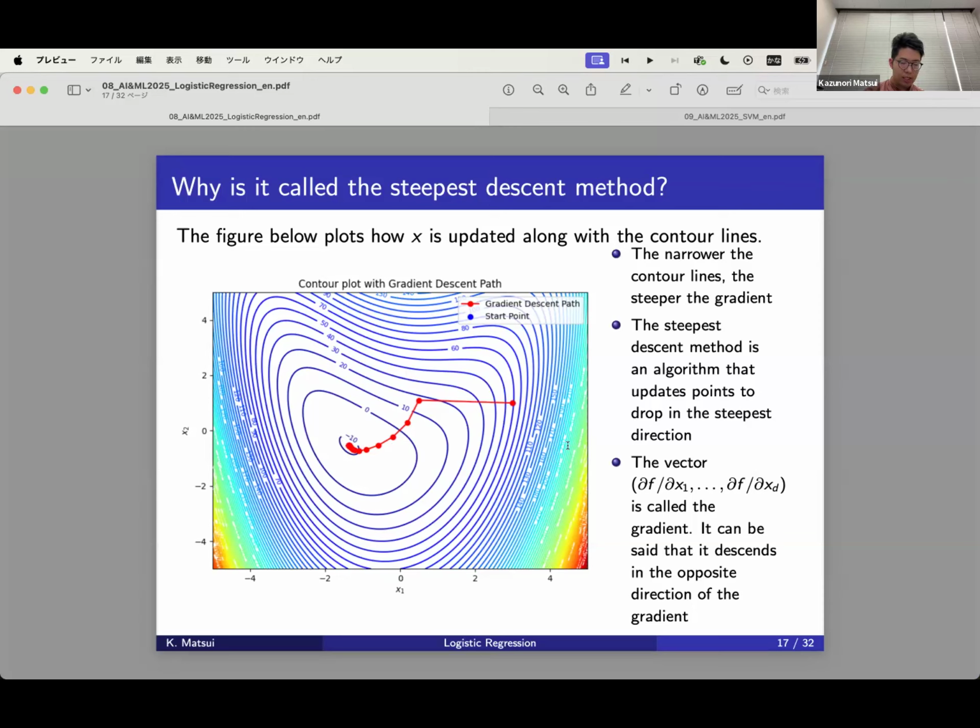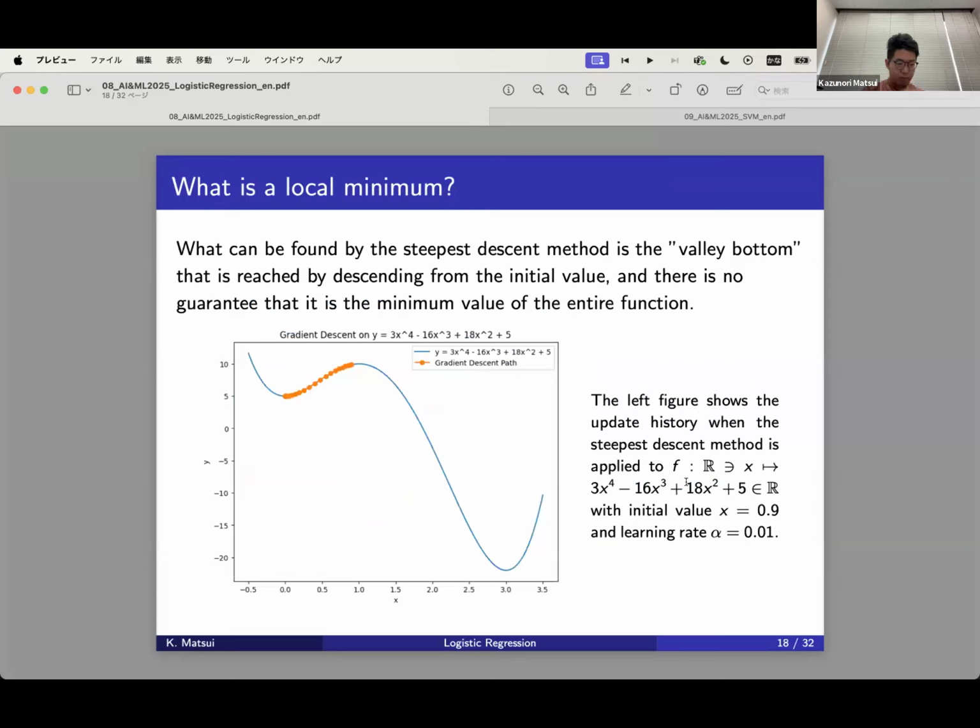This vector is called the gradient, and because it descends in the opposite direction of the gradient, it was called the gradient descent method. There is no guarantee that the minimum value obtained by this method is the minimum value of the whole function, and it may be a local minimum, like that.